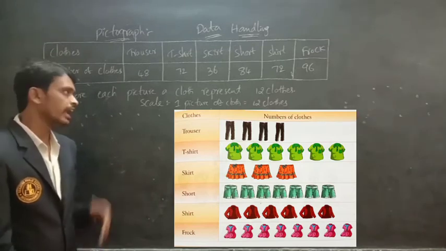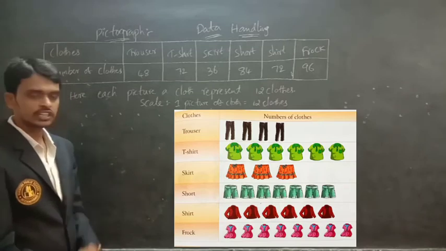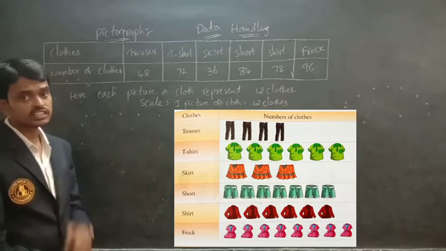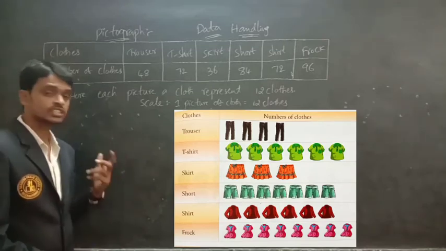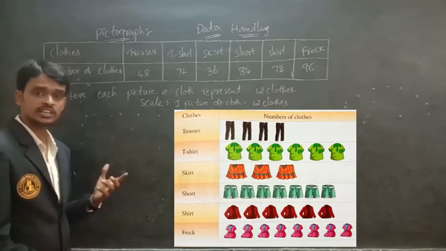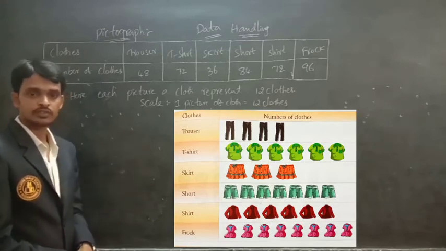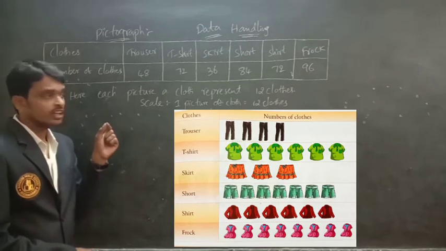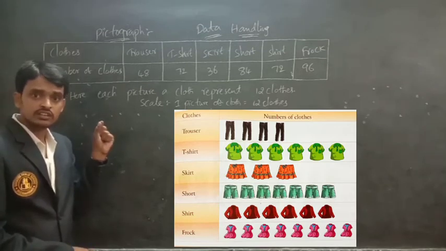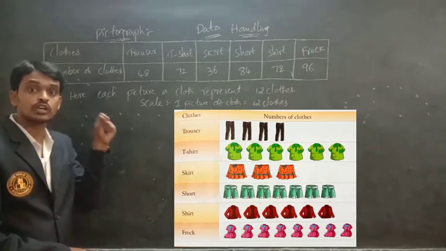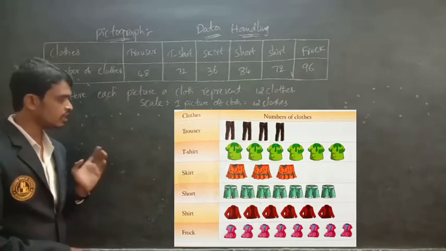Again we will go. Next, skirt. How many skirts are there? 36 skirts. These 36 skirts will be represented as pictures, and each skirt picture is equal to 12 skirts. Look at this.